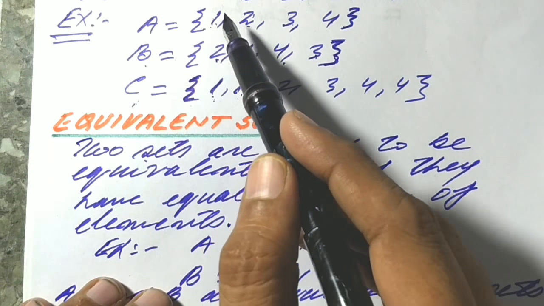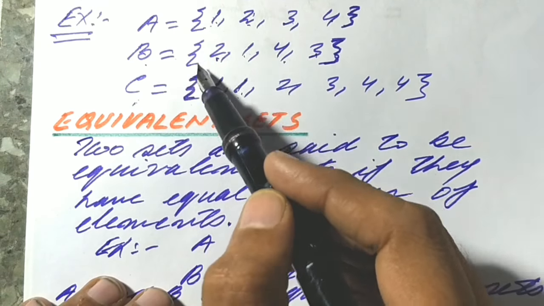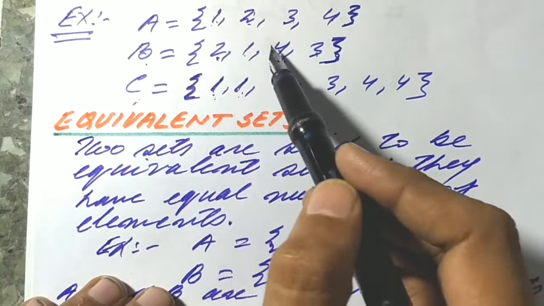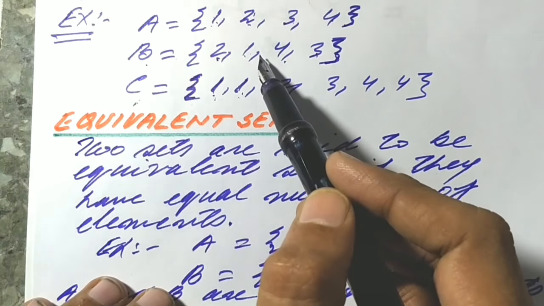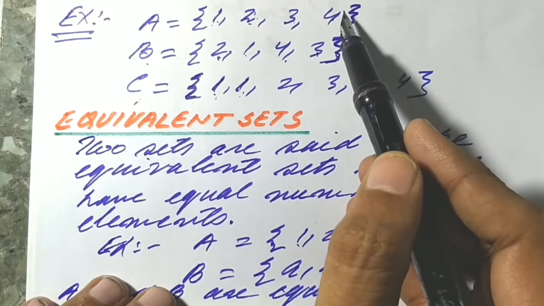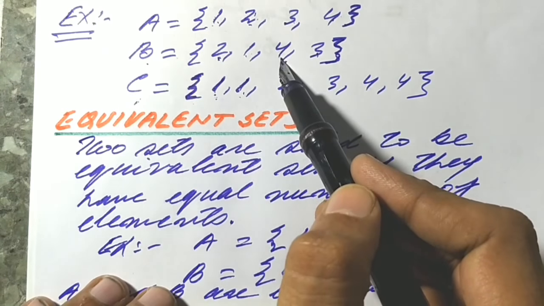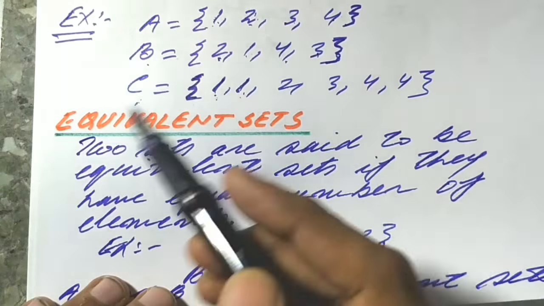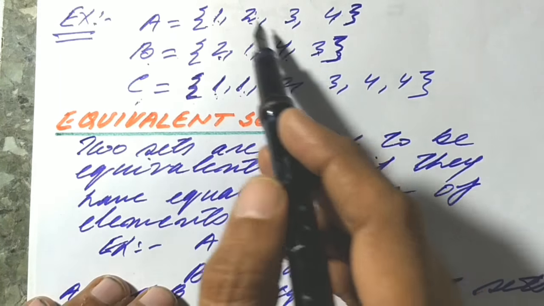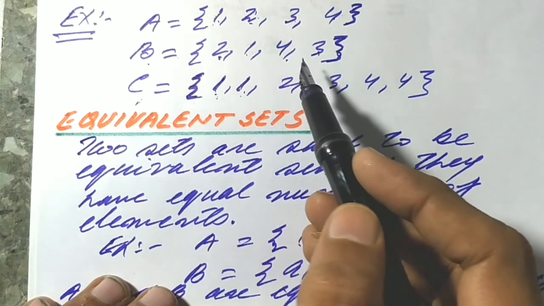It doesn't matter whether 2 is written first or 1 is written first, but we have to match the elements between these two sets. If there is 1, there is 1; there is 2, there is 2; there is 3, there is 3; and if there is 4, there is 4 in B. So these two sets are equal sets, though the sequence of the elements is different.